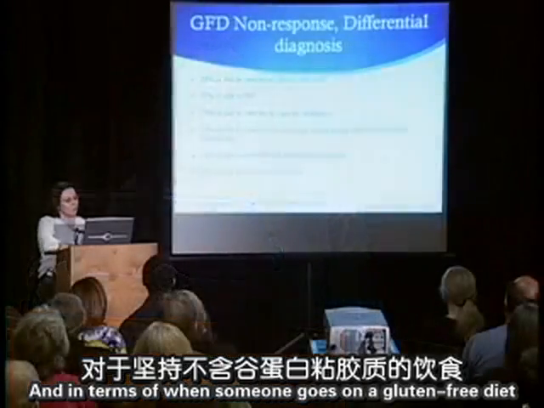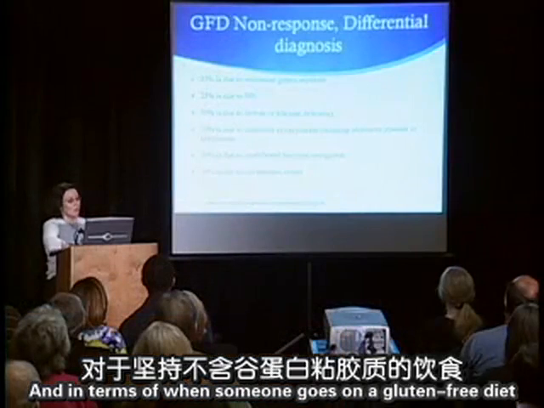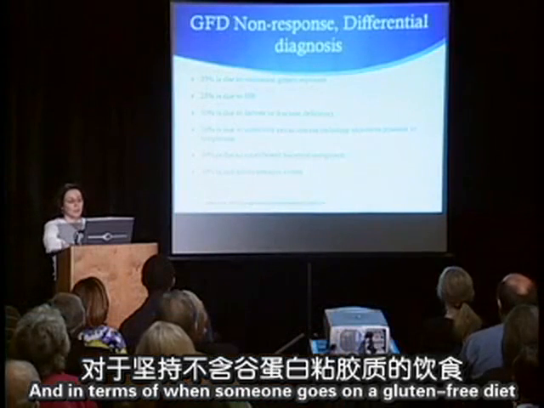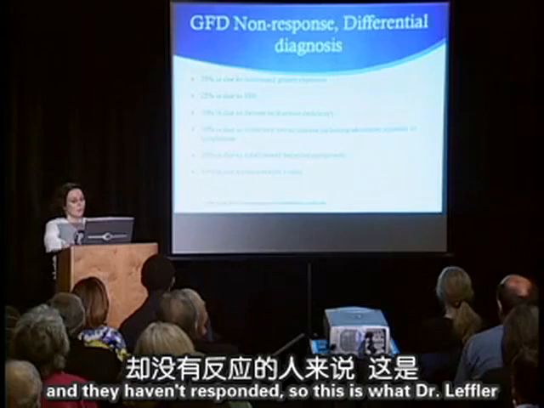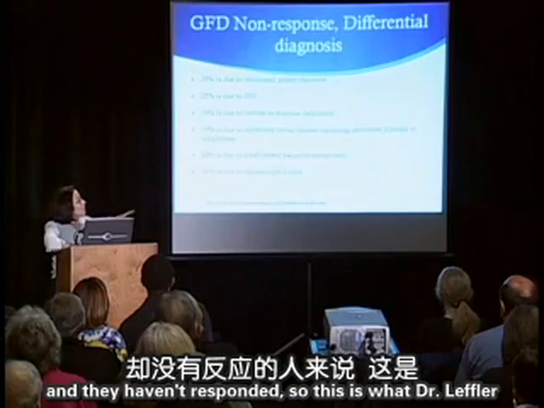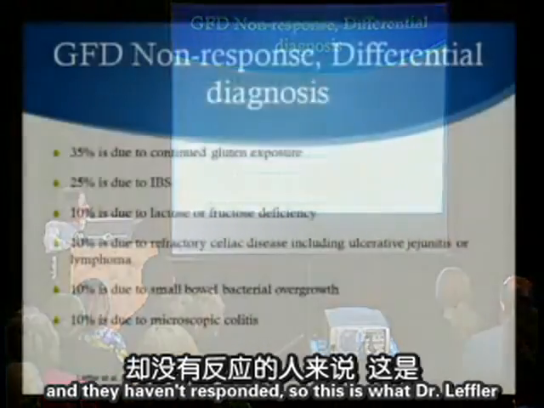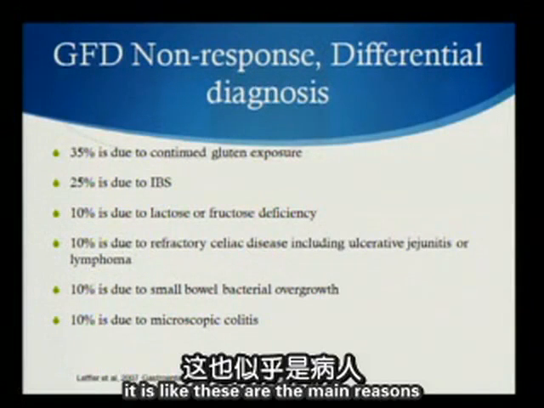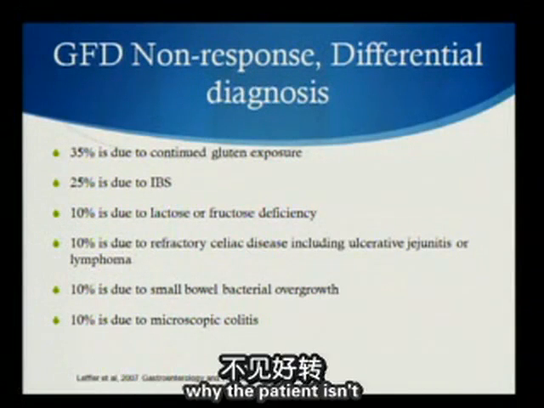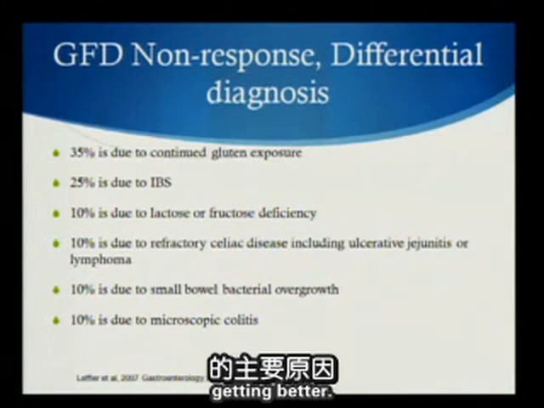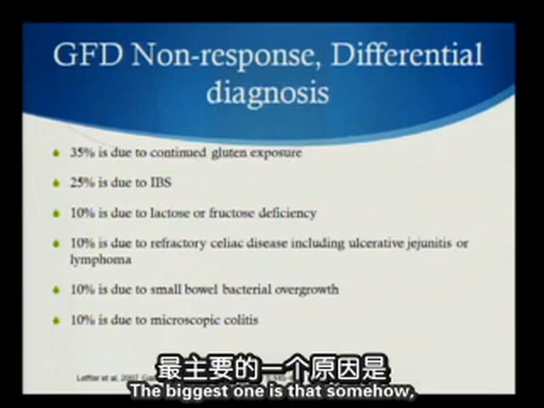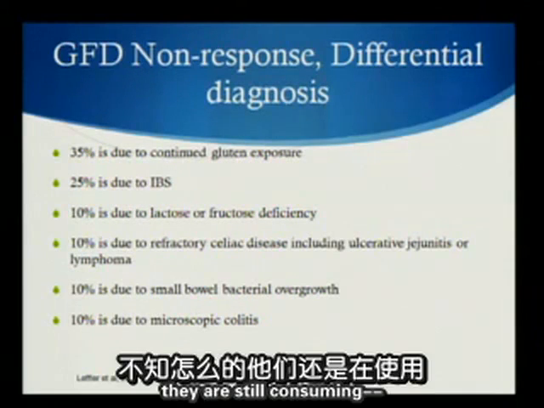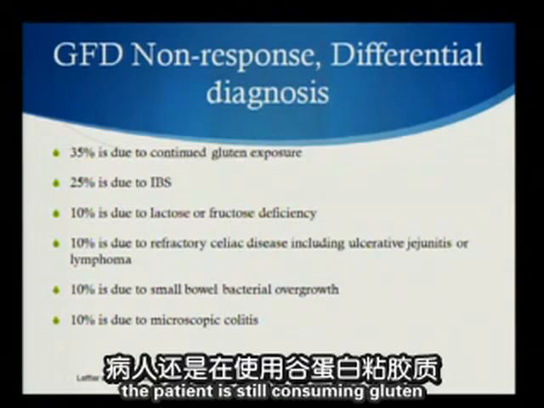And in terms of when someone goes on a gluten-free diet and they haven't responded, this is what, again, Dr. Leffler and colleagues looked at: these are the main reasons why the patient isn't getting better. The biggest one is that somehow the patients are still consuming gluten.